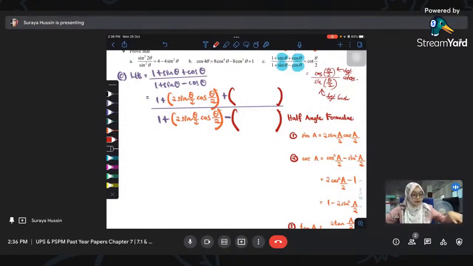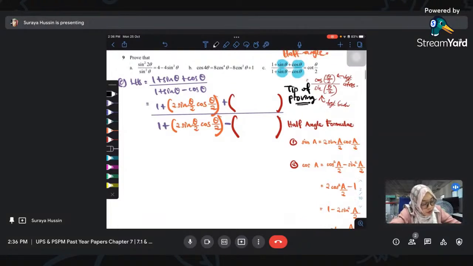So tips proving. The tips of proving is very easy. Actually, you always have to look at what is your right hand side. If you start with left hand side, you always have to check.